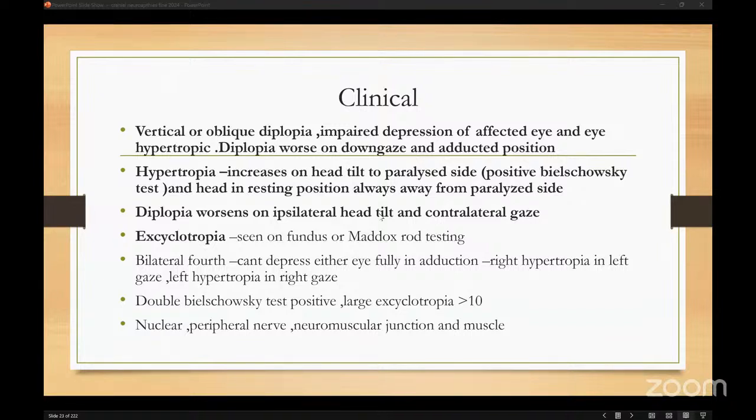Suppose we take an example of right superior oblique palsy. Right eye is in the higher up position, that is hypertropic position. And when you're looking down on the right side, you are having a lot of diplopia, and diplopia worsens when you're trying to look to the left side. Is this at least clear?